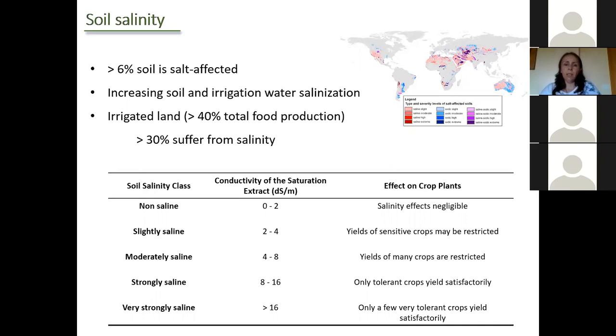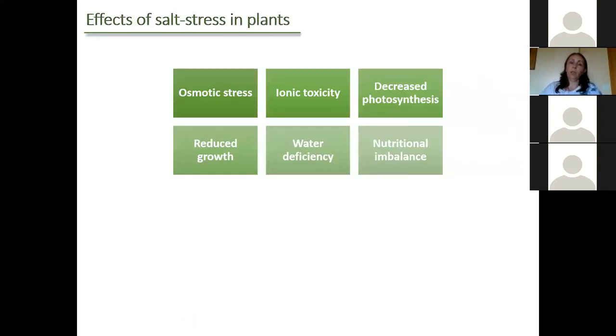And we can see here in this table some classes of soils according to the conductivity that we find in the saturation extract, and also some effects on crop yield. The major effects of salt stress in plants are related with osmotic stress, ionic toxicity, decreased photosynthetic ability, reduced growth, water deficiency, and of course, nutritional imbalance.